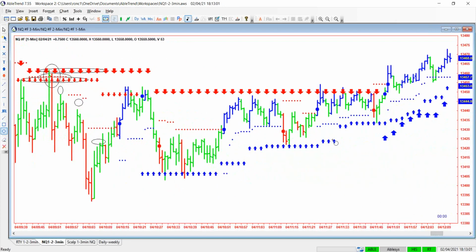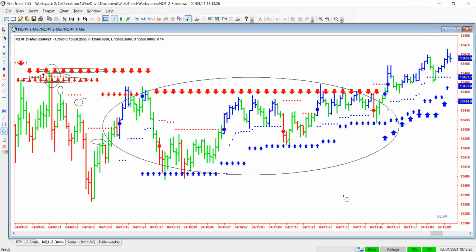Now, you see here this choppy sideways mess where it would just have been impossible to win for anybody. AbleTrend kept us out of that entire mess for almost 2 hours. That's the advantage when you put these time frames with these accurate algorithms that have been so consistent over 20 years, not 20 days or 20 months, 20 years. That's what you get.